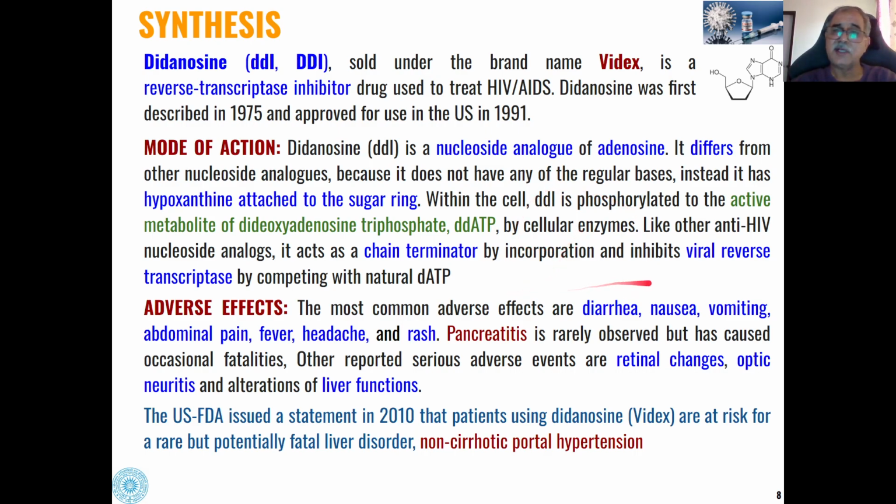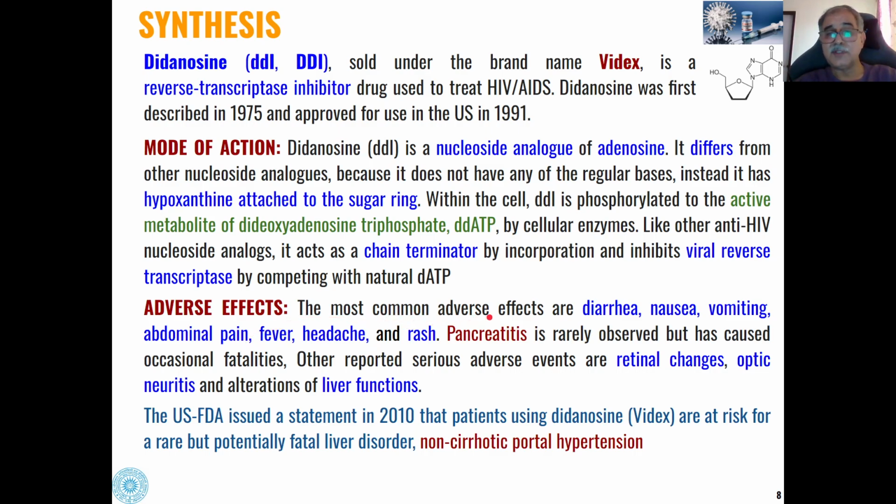So, like other anti-HIV nucleoside analogs, it also acts as a chain terminator by incorporation and inhibits the viral reverse transcriptase enzyme by competing with natural ATP.